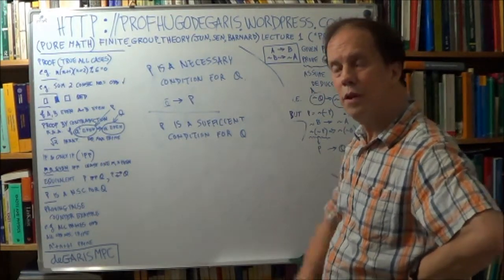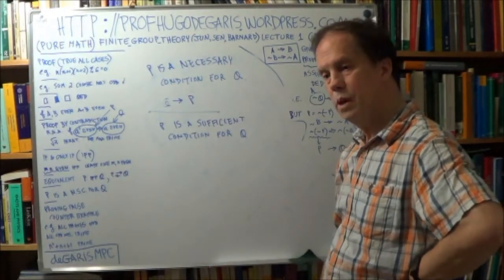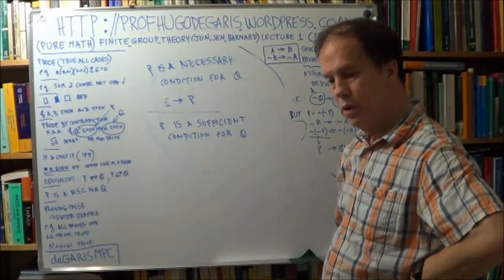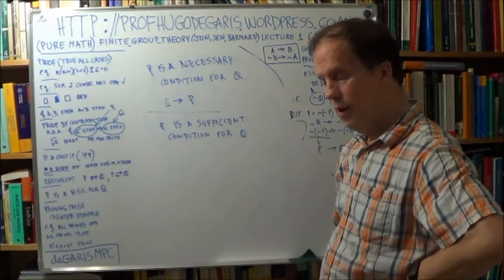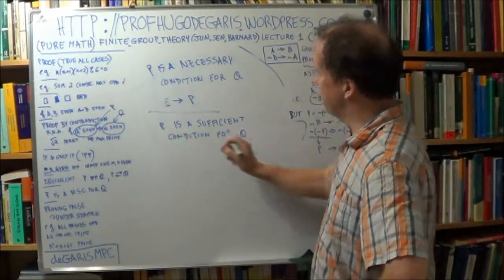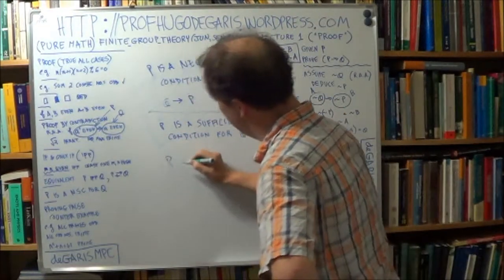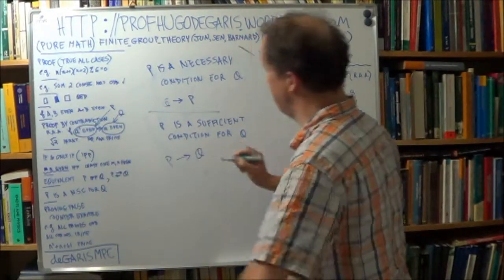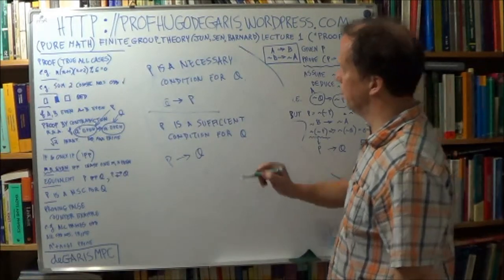Sufficient. So it's enough. So P is enough to get Q. So if you have P, you can get Q, right? So if P is true, you can get Q.